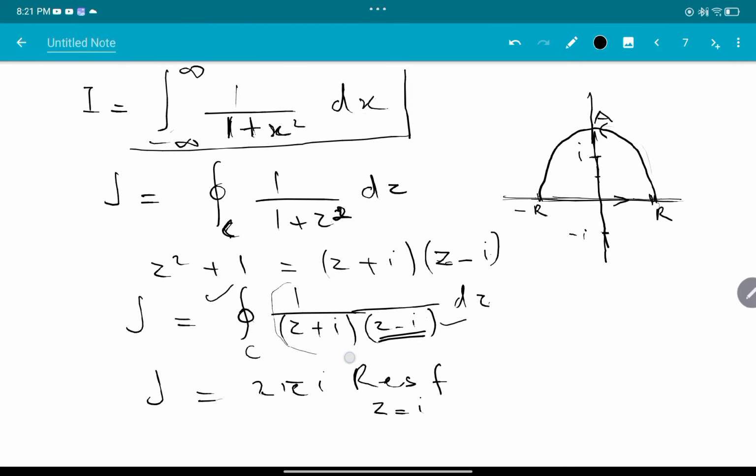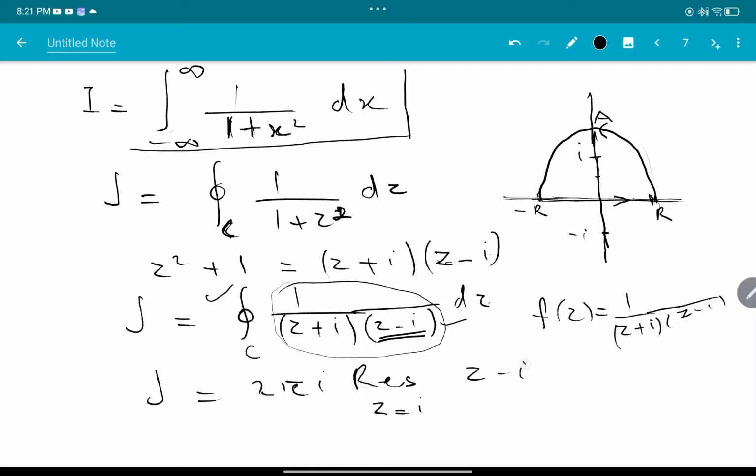Our function f(z) is 1 by z plus i into z minus i, and I multiply f(z) by the singularity factor, that is z minus i. So my new function is not f, rather it is z minus i into f(z). The power here is 1 because it is a simple pole.